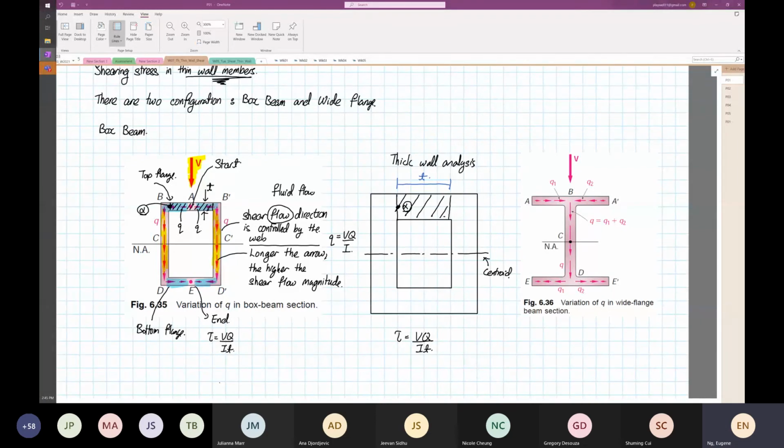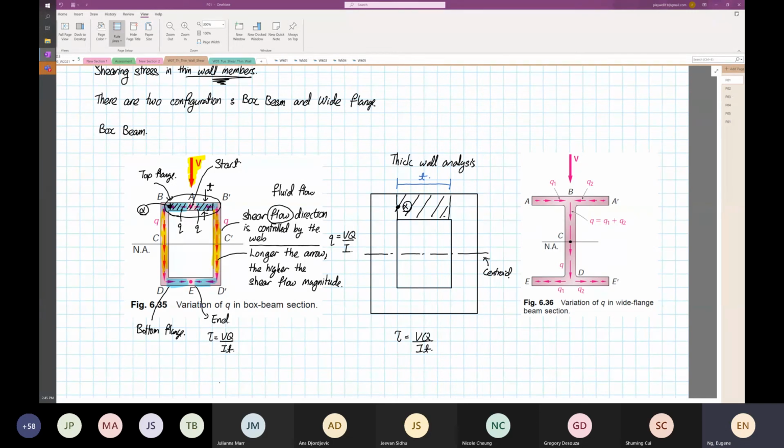Then you have another difference: you have to consider Q. What do I mean by that? If you look at this part that I've circled, at point A the shear flow splits left and right.